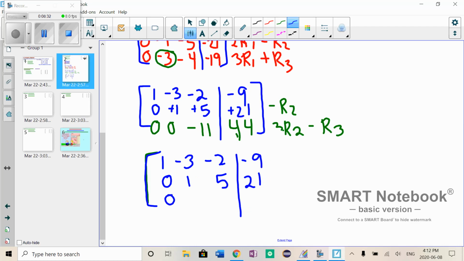And you can probably guess I'm going to divide this row by negative 11. And that will give me a negative 4 right there. So technically you don't divide a row by anything, so really what I did is I multiplied it by negative 1/11. So I did negative 1/11 times row 3, which really means I divided row 3 by negative 11.